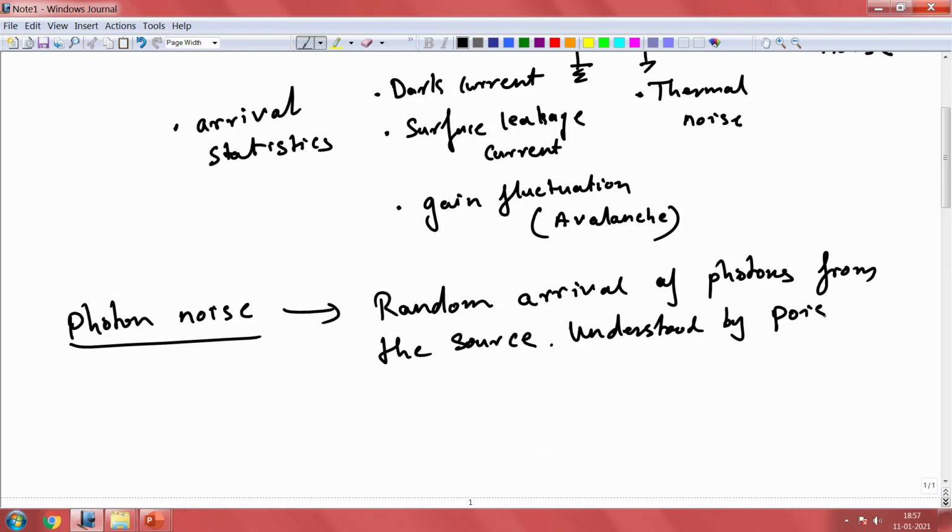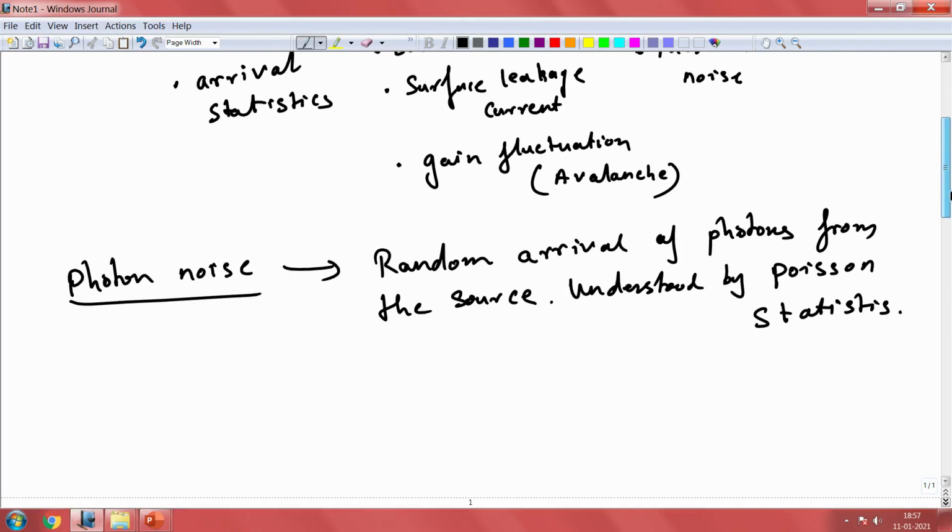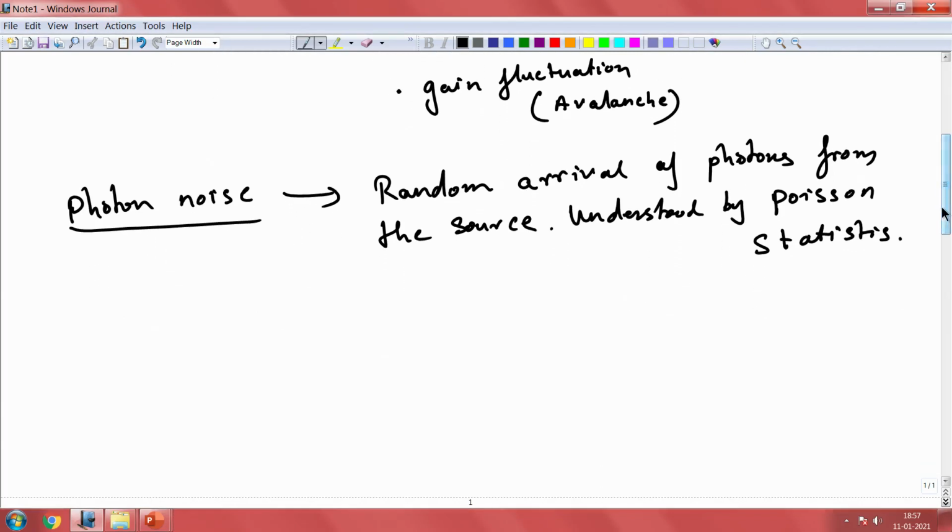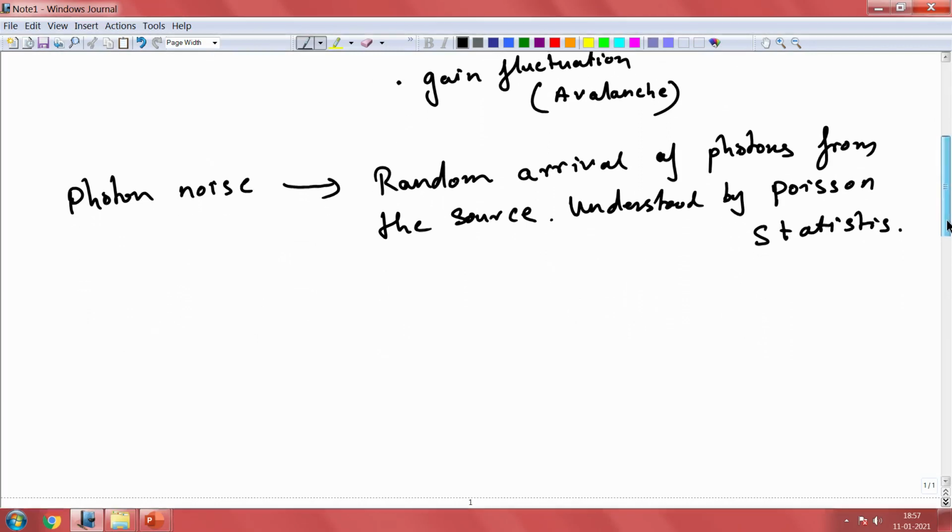The emission is Poissonian in nature, so you can use Poissonian statistics to understand this photon noise. We will look at this as we go along, but this is one of the fundamental noises that we have.